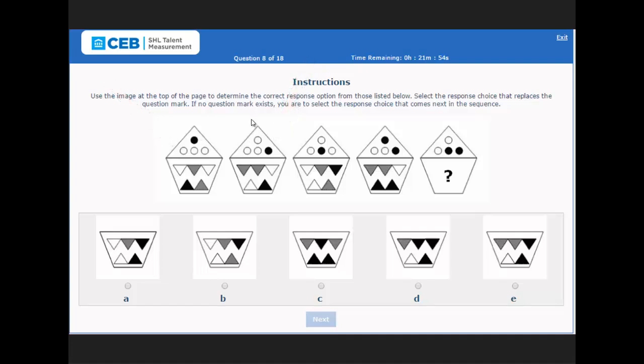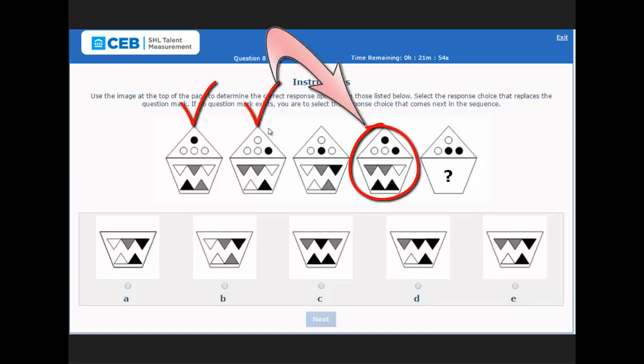And indeed this is the case for this pattern, which is a synthesis pattern guided by the location of the black circles on the top triangular frame. Since the black circles are located on the top and the bottom right, this clearly indicates that we have a synthesis between the first two frames.